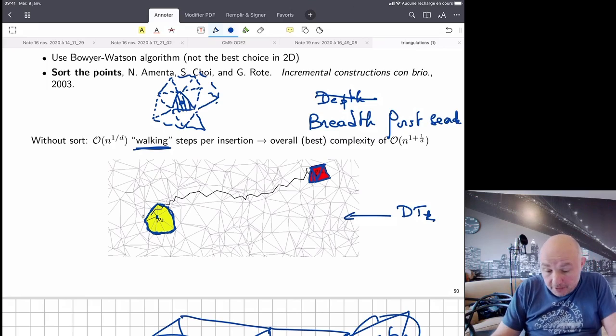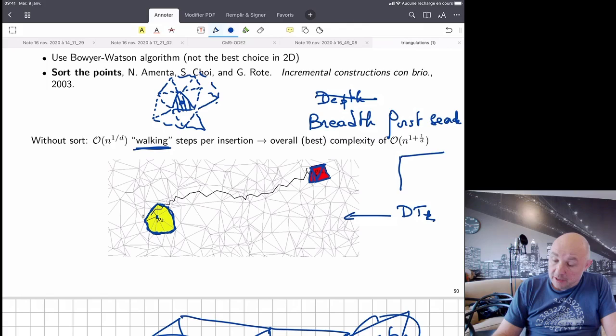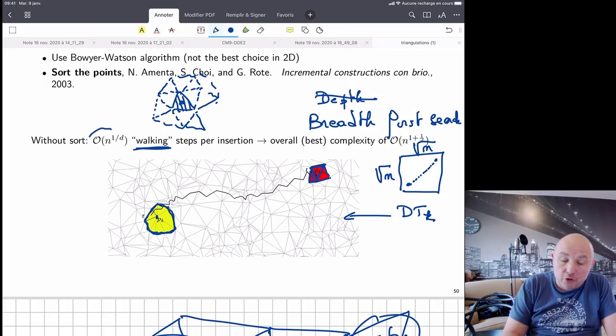The problem here is that if you have, let's say, n points in 2D, you have square root of n points multiplied by square root of n points. And if your first point is here and your next point is here, the worst case scenario would be that you would walk of the order of magnitude n to the power of 1 over d, where d is the dimension of your problem.